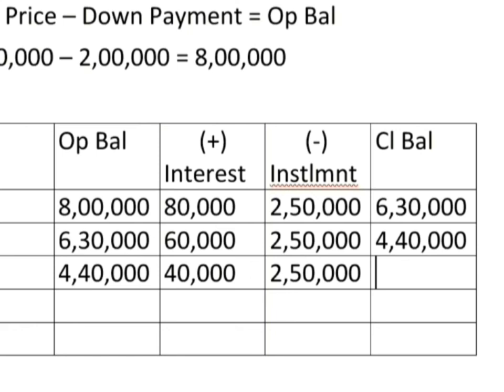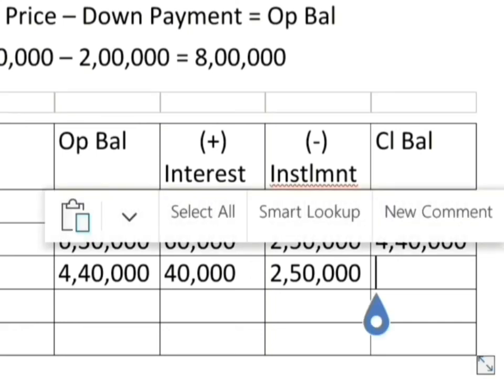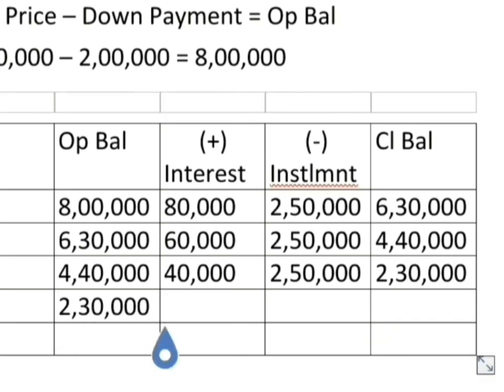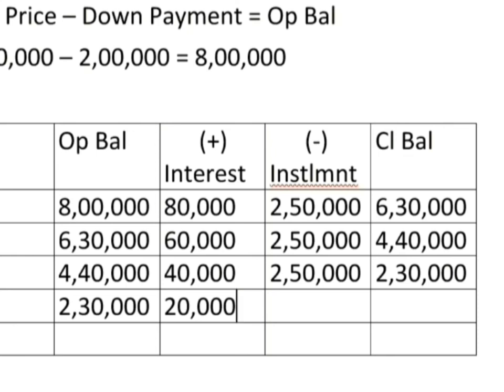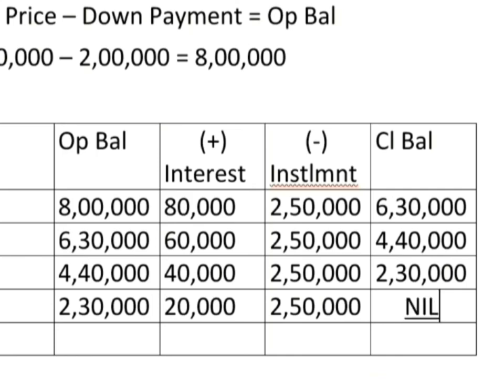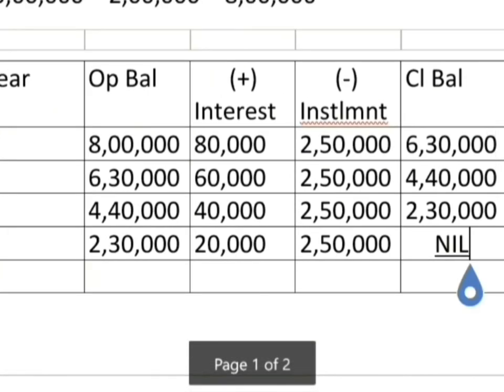So this closing balance will become opening balance, 2,30,000 for the fourth year. Again add interest, rupees 20,000 minus installment, 2,50,000. It is the same. At the end, closing balance you should get nil. Every time we should get this closing balance.